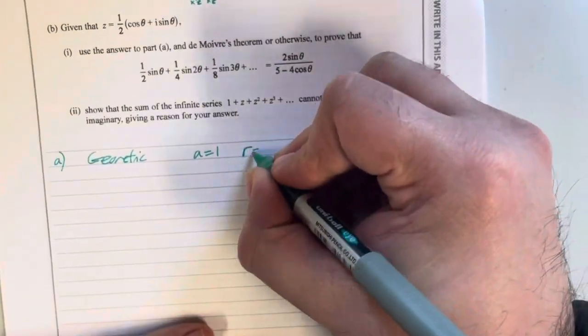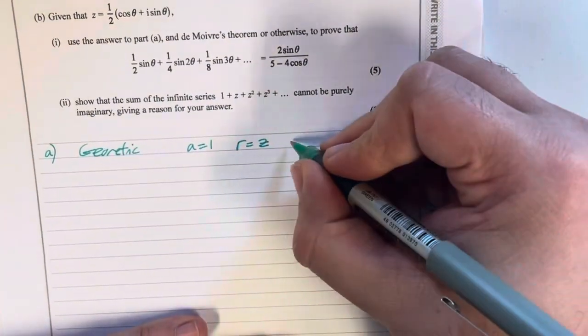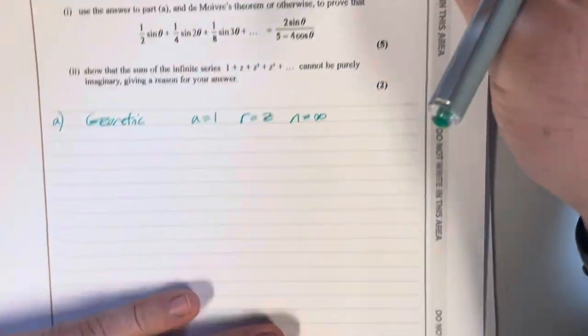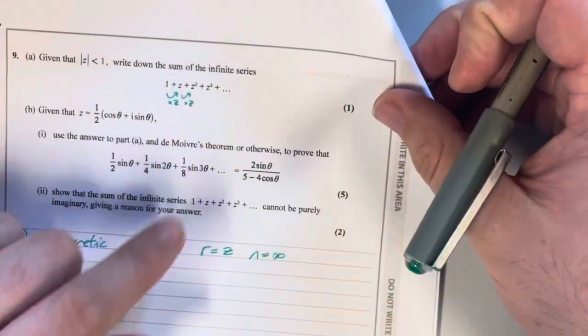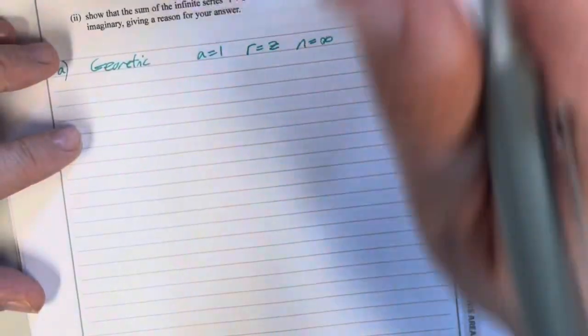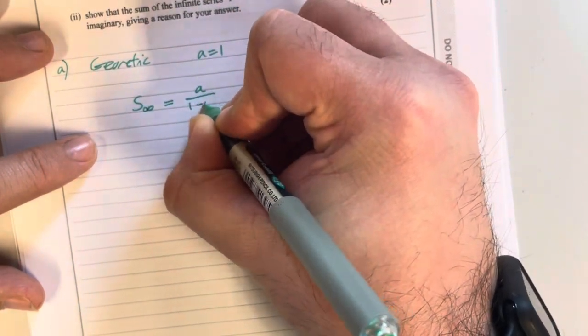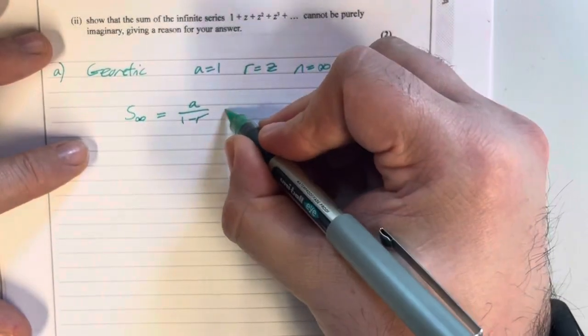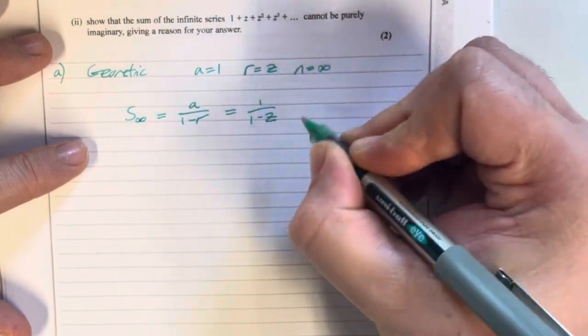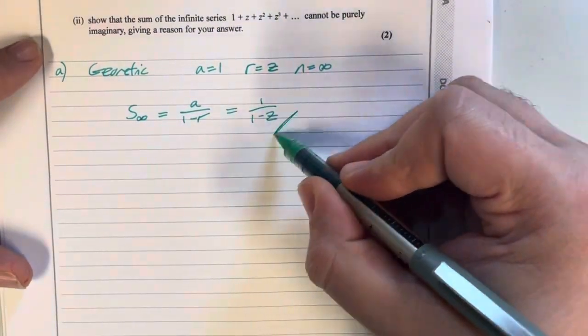R is z, and the number of terms is infinite. Okay, told it's infinite series. So the sum then, sum to infinity, is a over 1 minus r, which you're given in the formula book. So it's 1 over 1 minus z. And that's it. That's the answer.